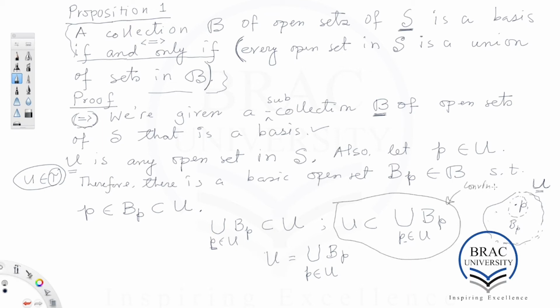It's very easy to see, but I leave it as a small exercise for you. So we have chosen an arbitrary open set U from the topology tau, and showed that it can be written as a union of basic open sets, which are elements in this subcollection calligraphic B. So this is how we prove this direction. So let us prove the other direction.